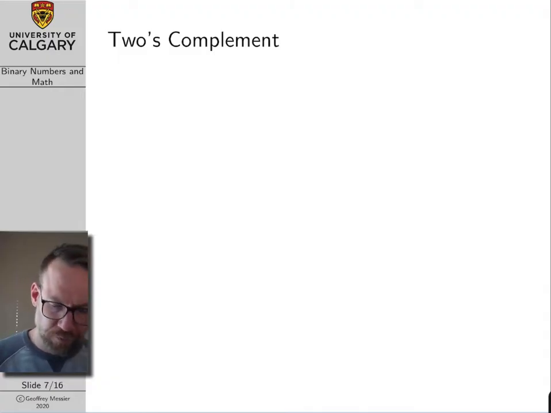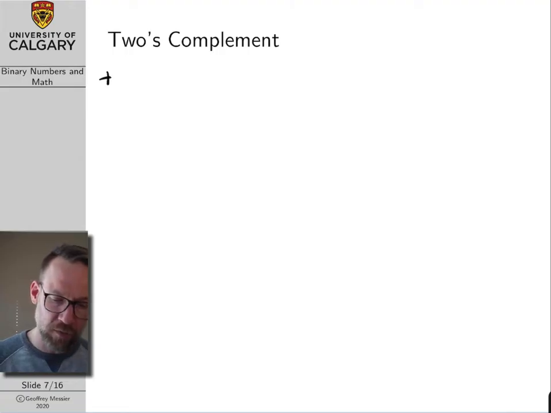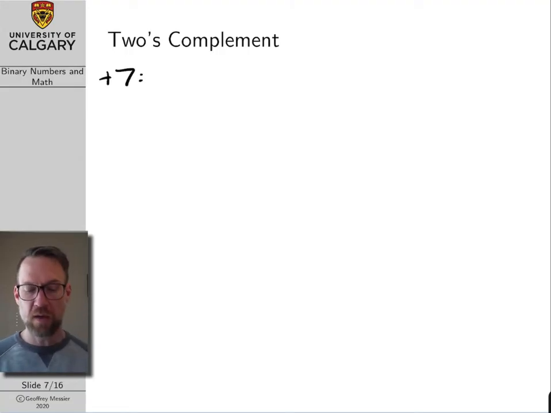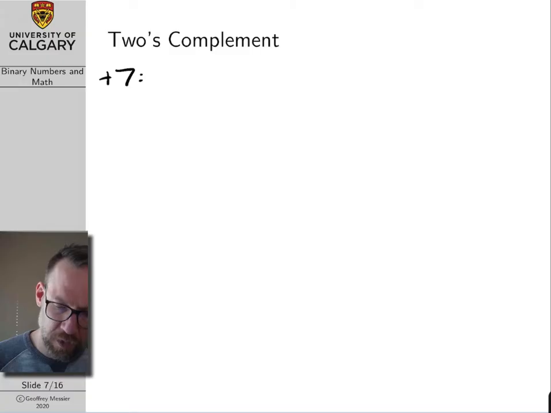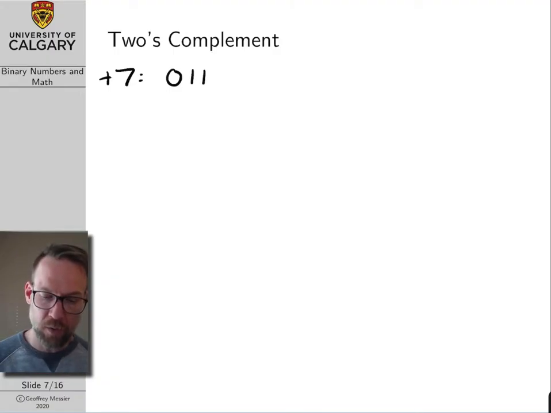The maximum positive value that we can represent with a 4-bit 2's complement number is +7. When we have a 4-bit 2's complement number, the first bit is always the sign bit. Because this is positive, the first bit is 0. Then we've got 3 bits to store magnitude, and the biggest magnitude we can store with 3 bits is all ones, 1, 1, 1.